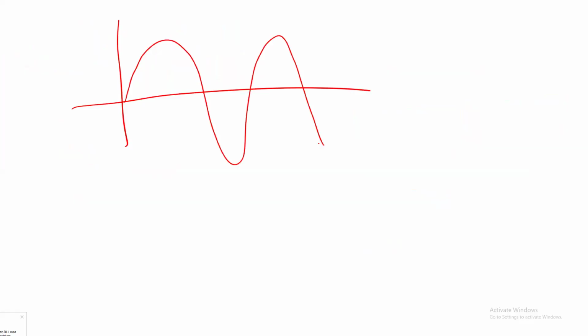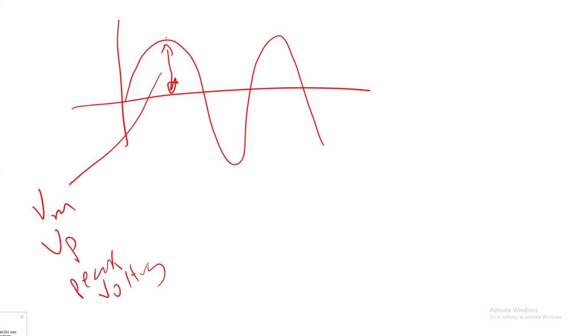The second parameter you need to know: if you have a signal like this one, from here to here, we call this voltage V maximum, or sometimes VP, which means the peak voltage, because as you see, the voltage is increasing to the peak.